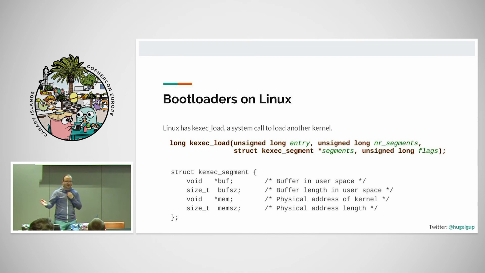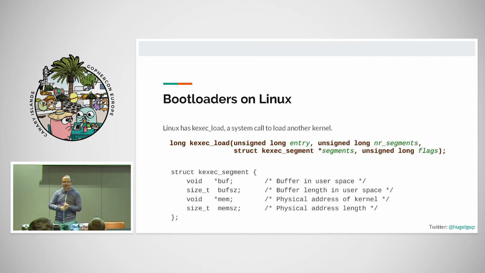So a bootloader is actually nothing more than that, right? That's how your binaries get loaded on Linux when you run stuff in user space, but the same concept applies to bootloaders. It's just that instead of running it in user space on top of Linux, you're going to replace Linux with the thing that you're loading. So Linux actually has a system call for this.